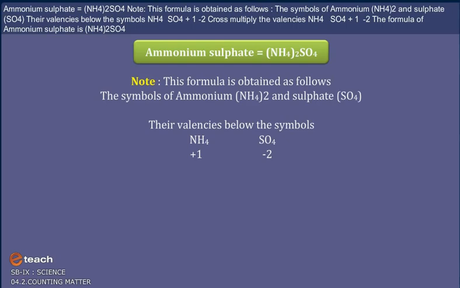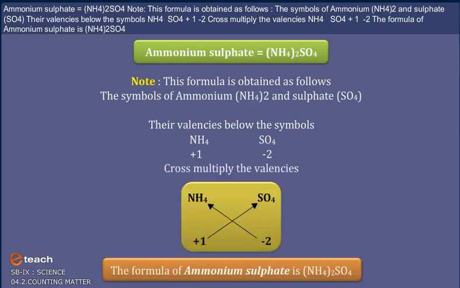The symbol of ammonium is NH4 and its valency is +1. The symbol of sulfate is SO4 and its valency is -2. Cross-multiply the valencies. So, the formula of ammonium sulfate is (NH4)2SO4.